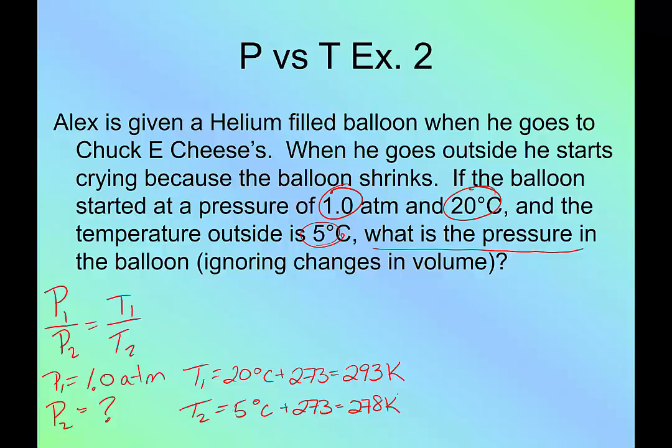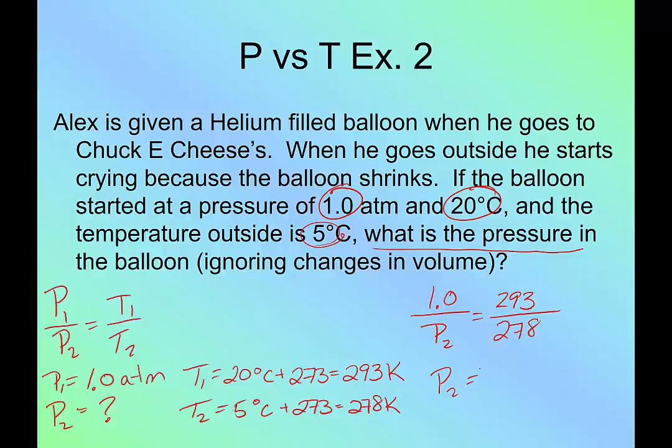Now, plug into the formula everything we just wrote down. 1.0 atm, our P2, 293, and 278. Before I pull out my handy dandy calculator and calculate myself some P2s, should my answer go up or go down? Okay, so think about it for a second.